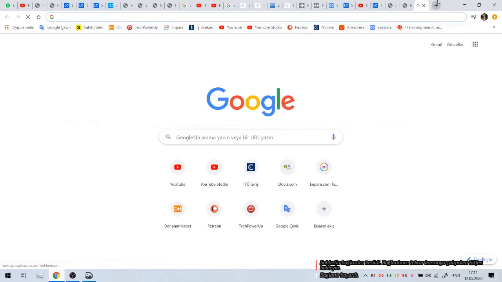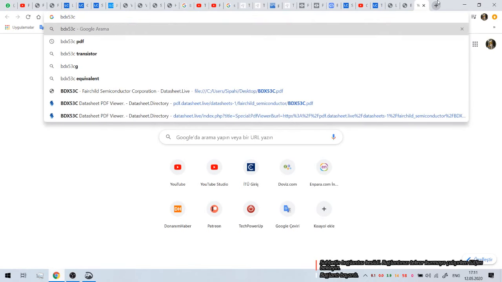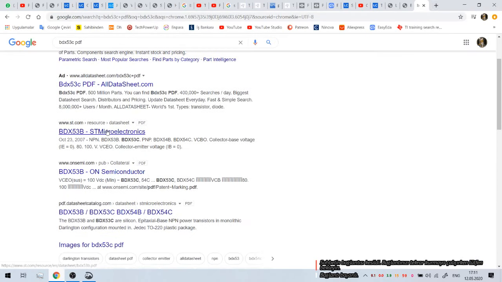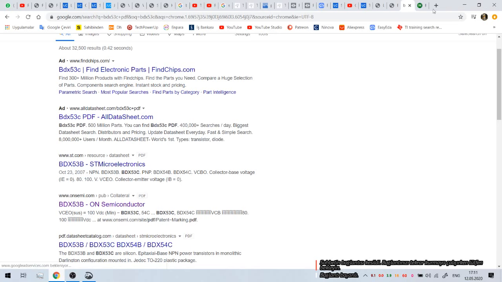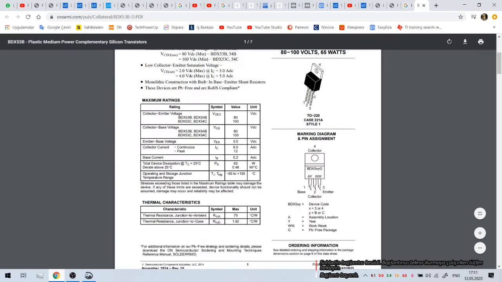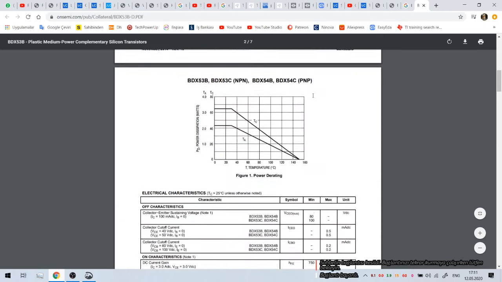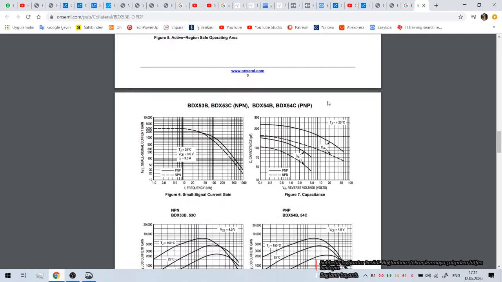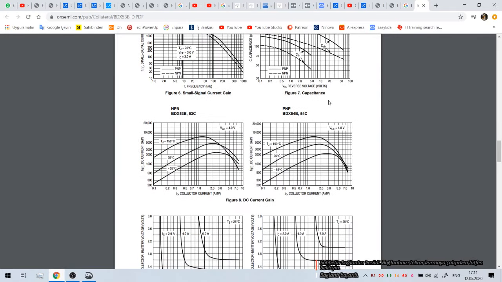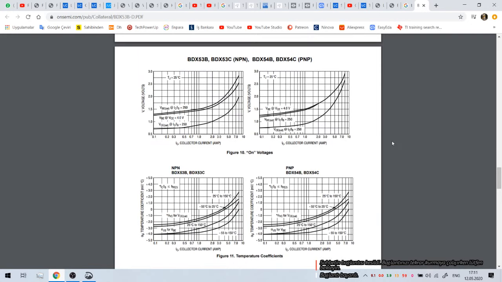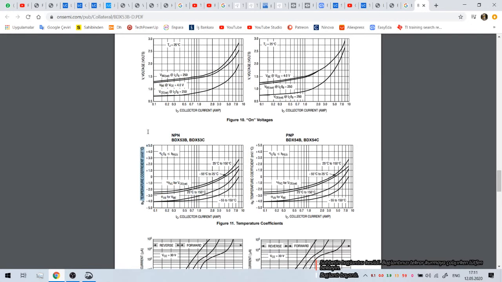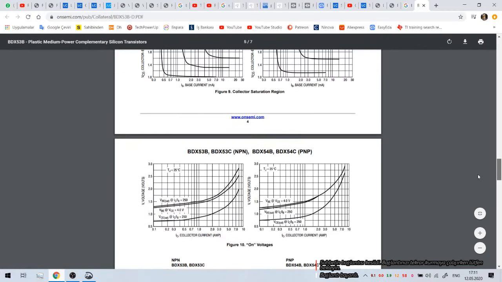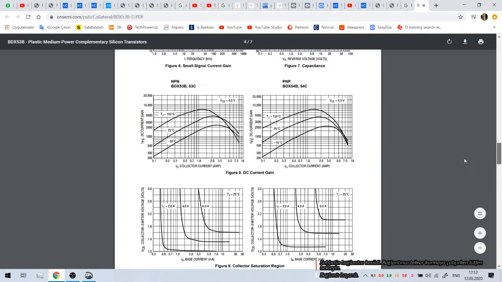I want to take a look at another data sheet of BDX 53 also. Oh, what was that? Collector cutoff current, on voltage, collector saturation region.